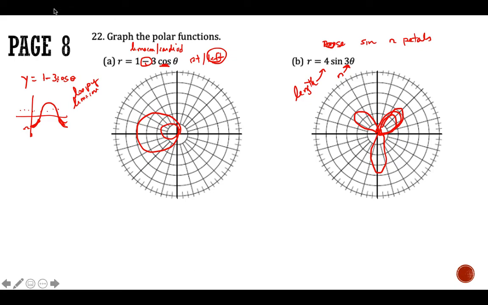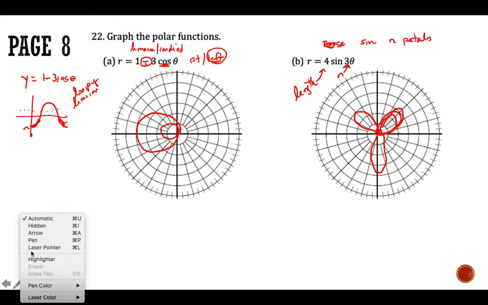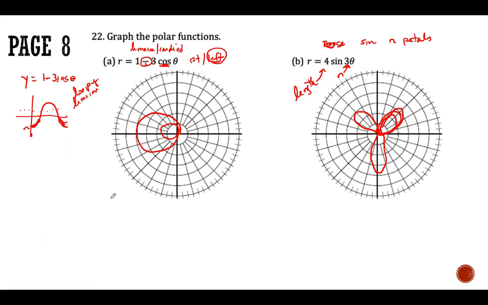A limacon or cardioid, some number plus or minus b sine theta, is either going to look like that, where it kind of looks like a heart, and either that heart comes down and touches the pole or it doesn't, or it's going to look like the loopy one.